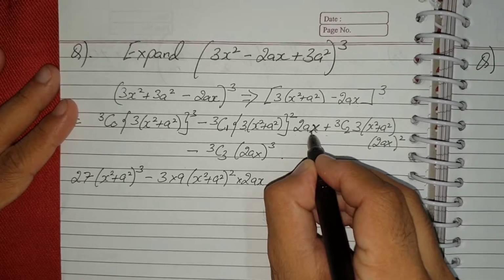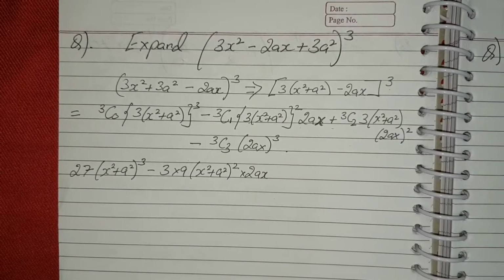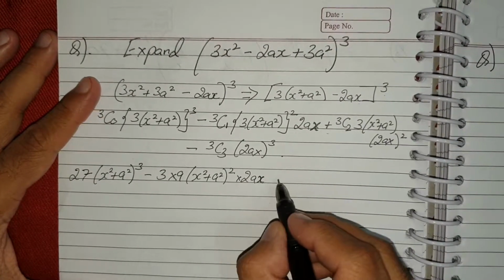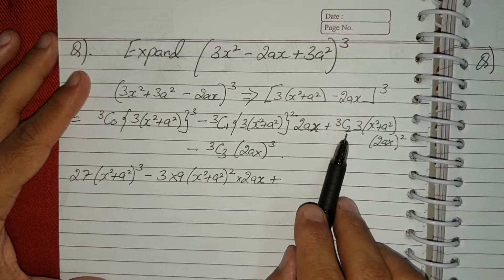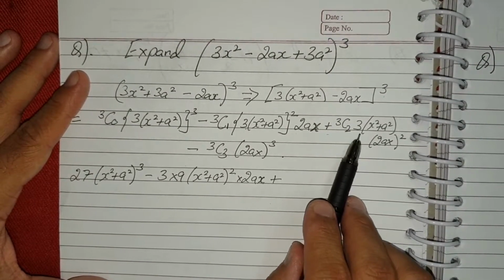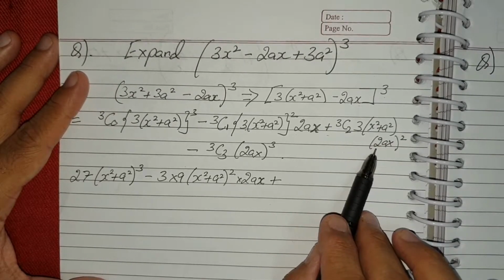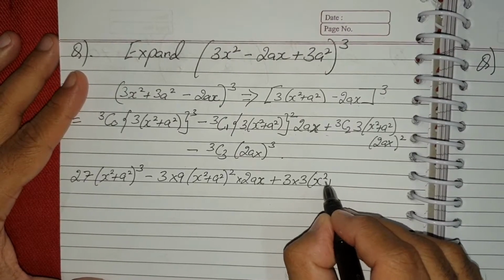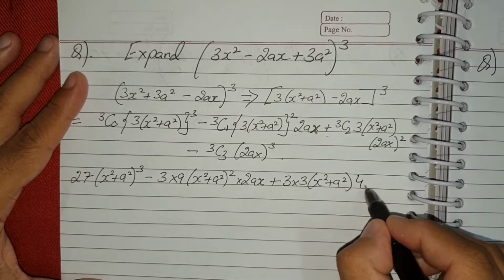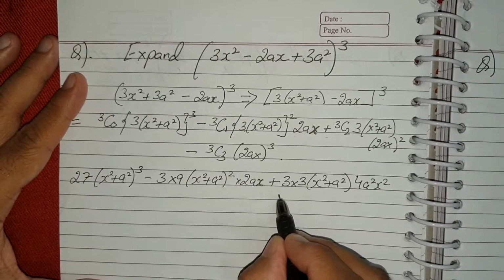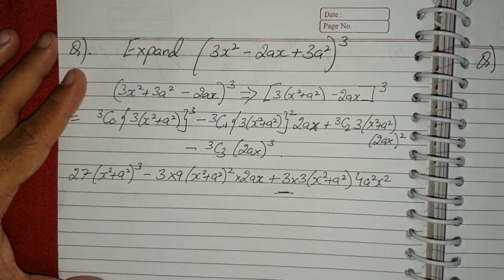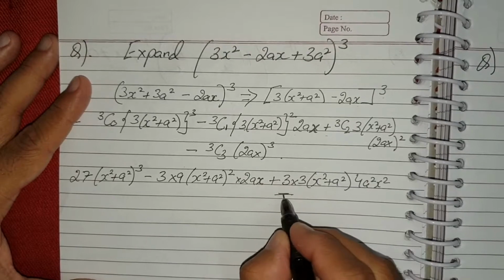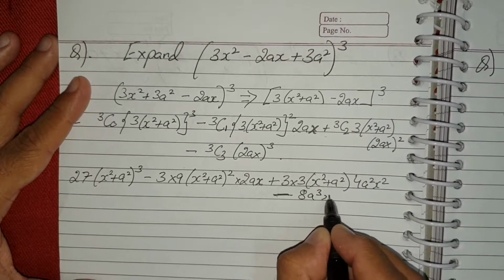I will write the multiplication sign like this so that you should not confuse between multiplication and x. Now, plus 3 into 3(x square plus a square) into 4a square x square, and minus 3c3 is again 1. This is cube, so this will become 8a cube x cube.